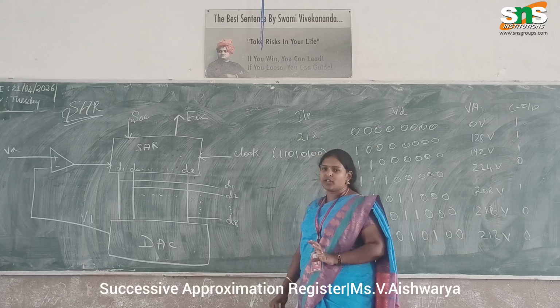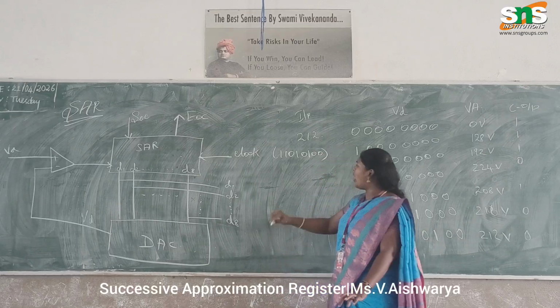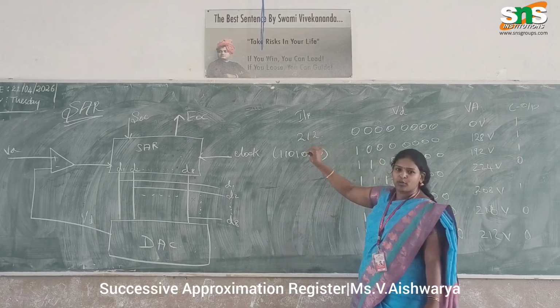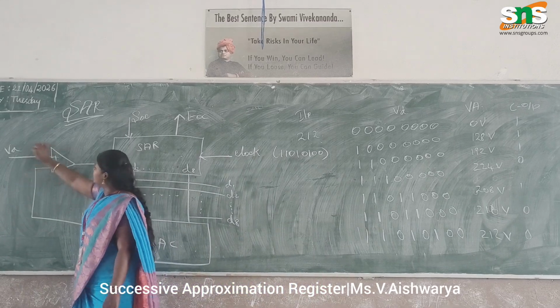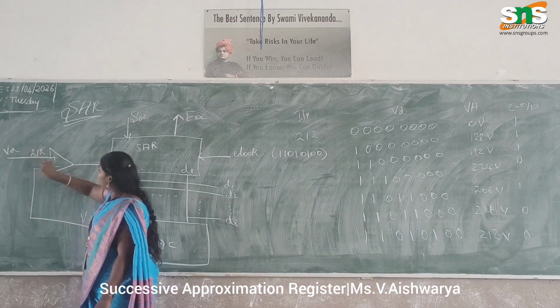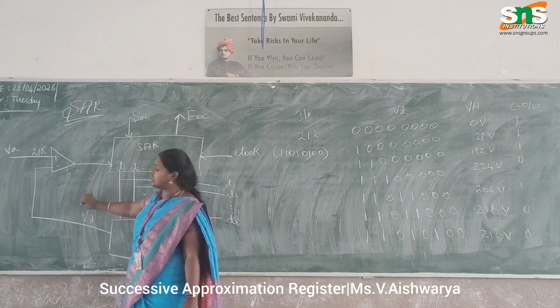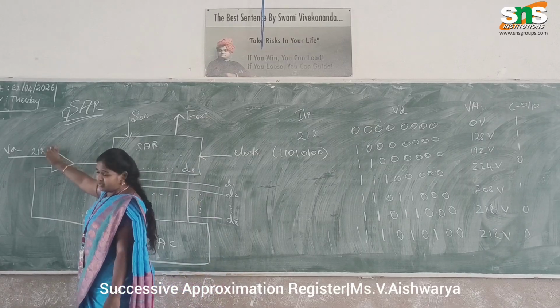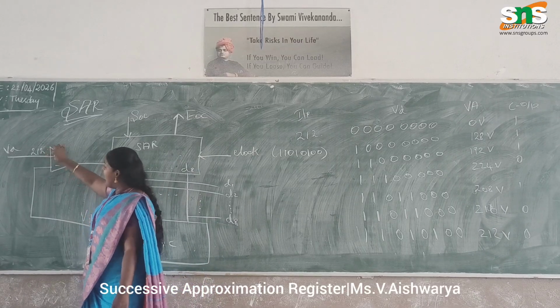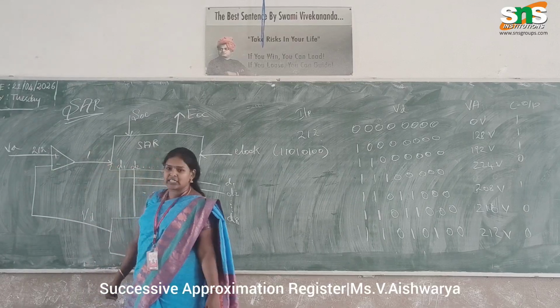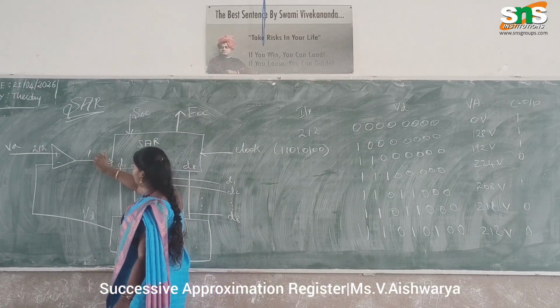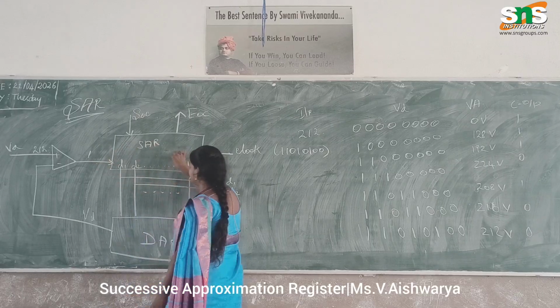So how does it work? Initially we apply 212 as input to the comparator. In this condition, the signal of 212 will be higher than the inverting terminal, so the comparator goes to the on condition, and this signal is given to the SAR register.